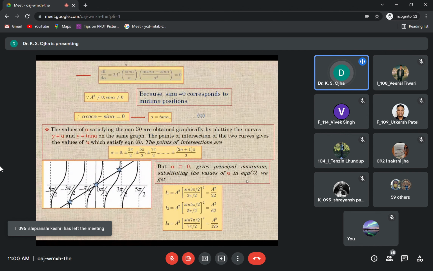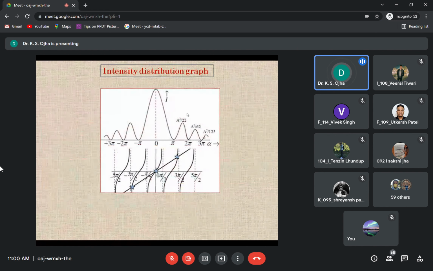When we look at the pattern, this is the intensity distribution graph. When we perform the experiment, we will get a nature like this one. On the x-axis, I have plotted alpha. On the y-axis, this is the intensity. Now understand the graph.